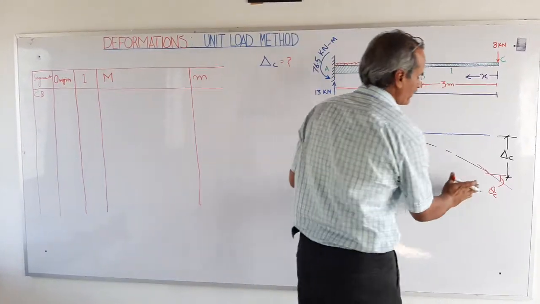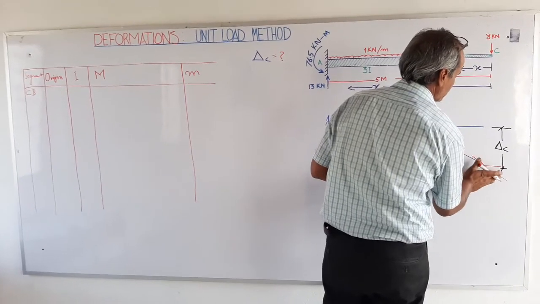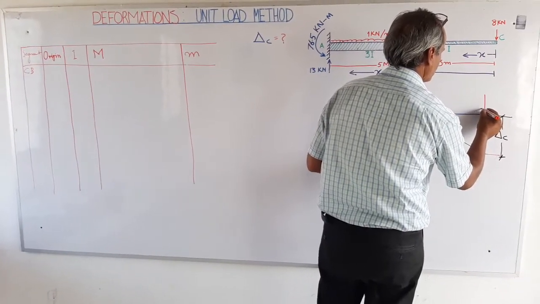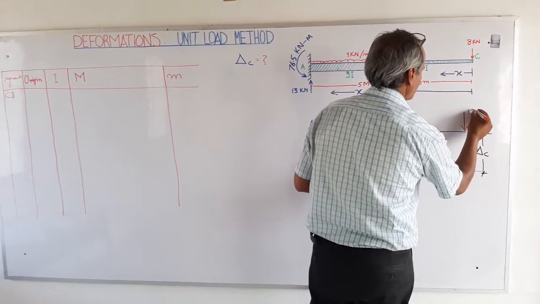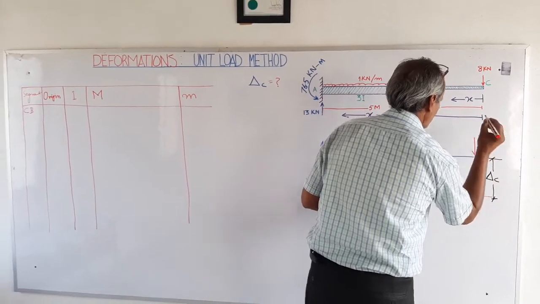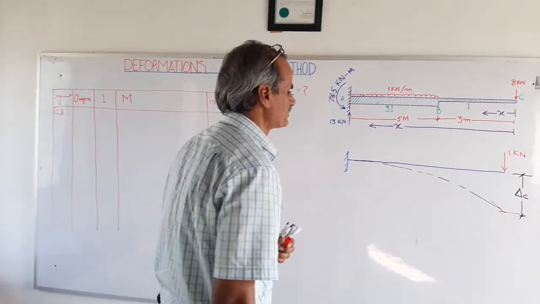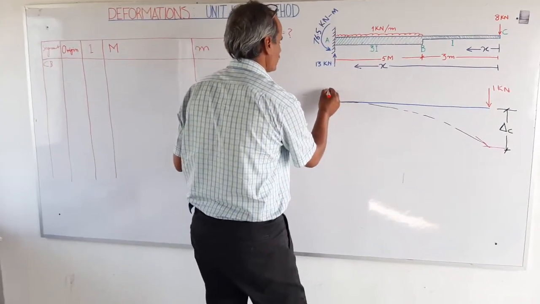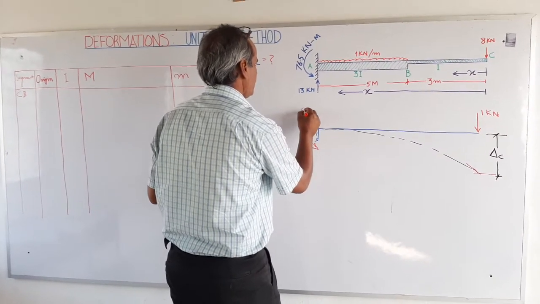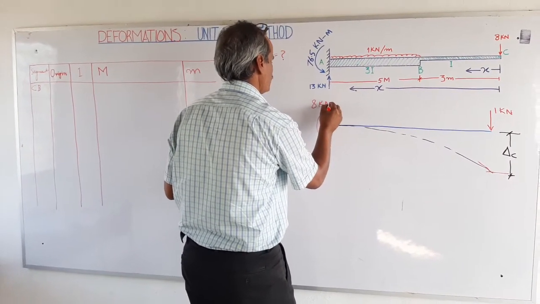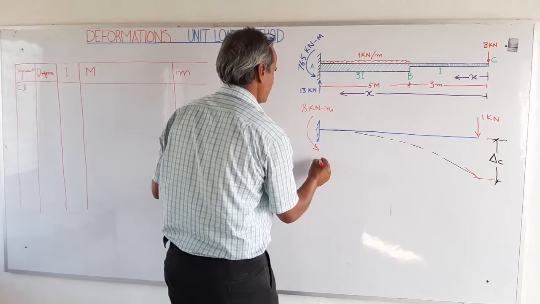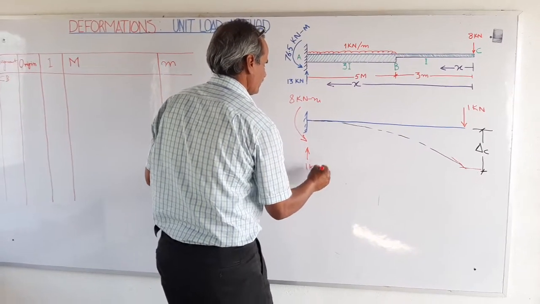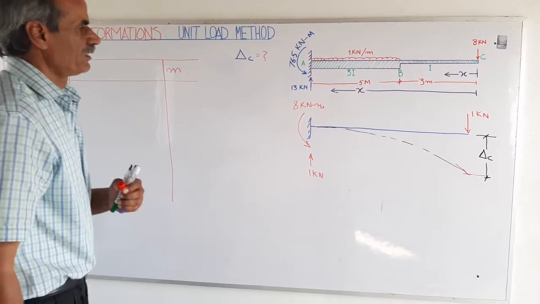Now over here for deflection at C, we apply a unit load, that is 1 kilonewton, and we write the equations of bending moment for this one as well. So it will be 8 kilonewton meter reaction and 1 kilonewton of vertical reaction.